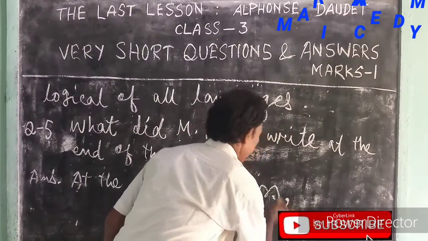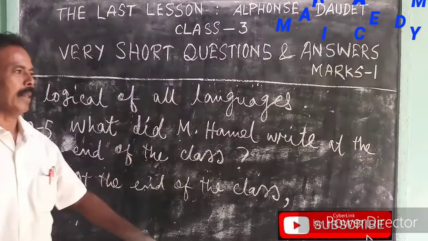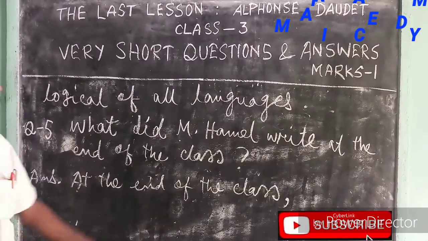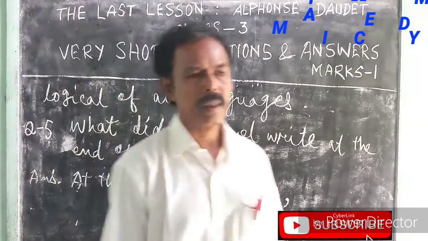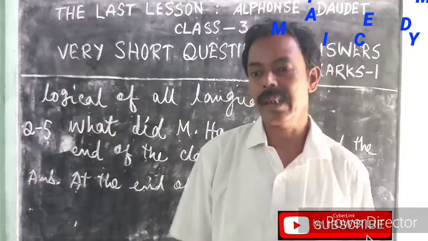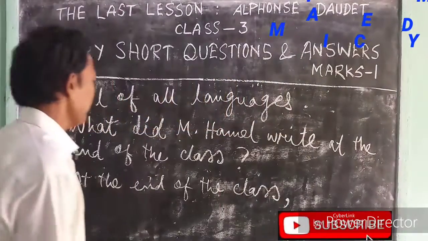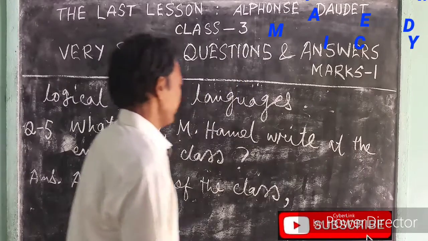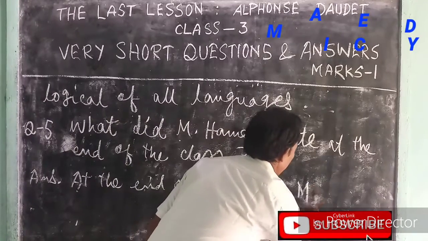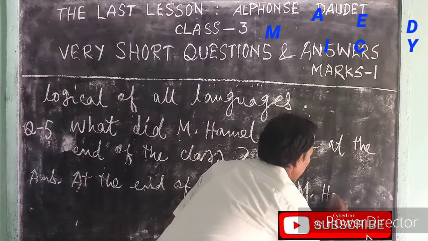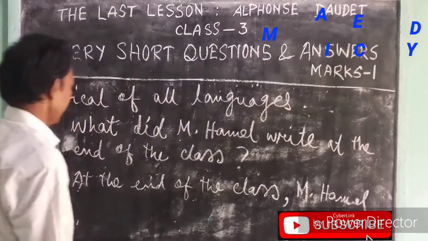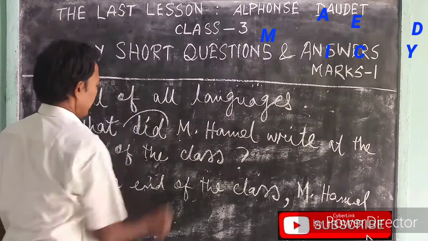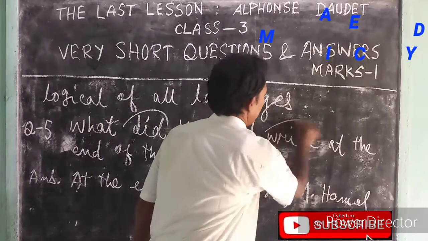At the end of the class, this is one phrase, so let us separate it from the other parts with one comma. It is safe for us, giving no confusion about structure. At the end of the class, MML, here in the question, did and write.